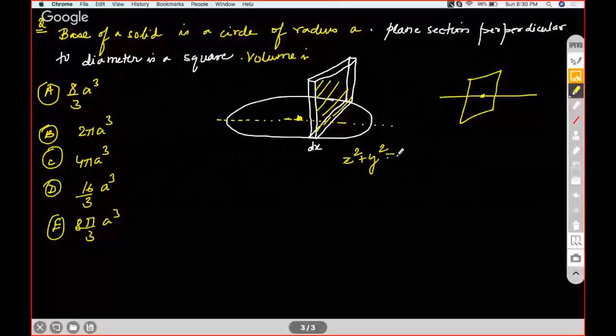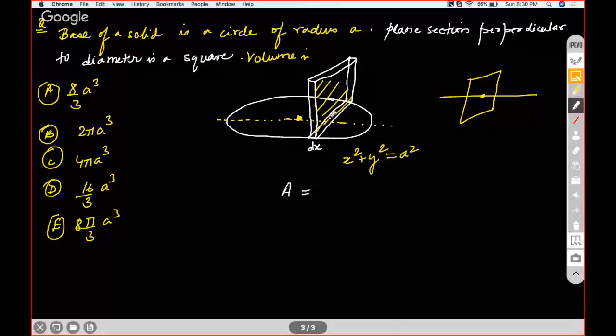So what will be the area of the square? Area of the square would again be 4y square. Which is 4 into dv will be 4y square dx. And y square would be a square minus x square. So 4 times a square minus x square dx.